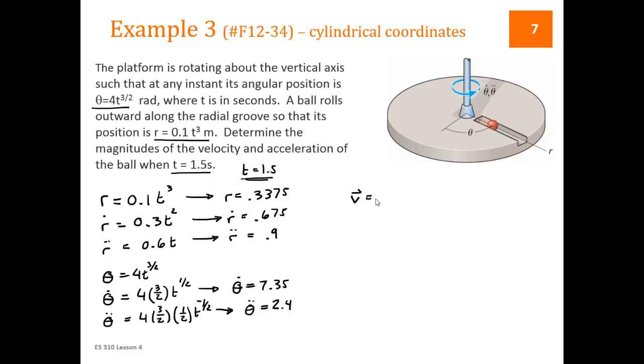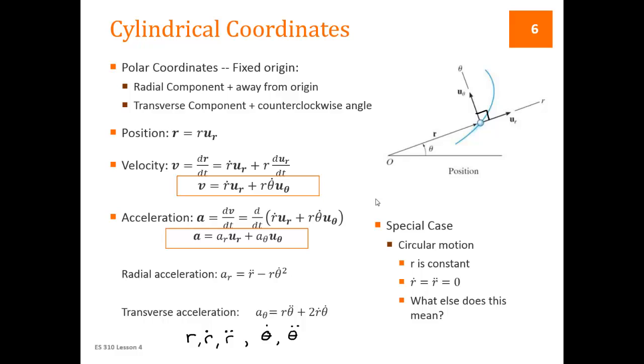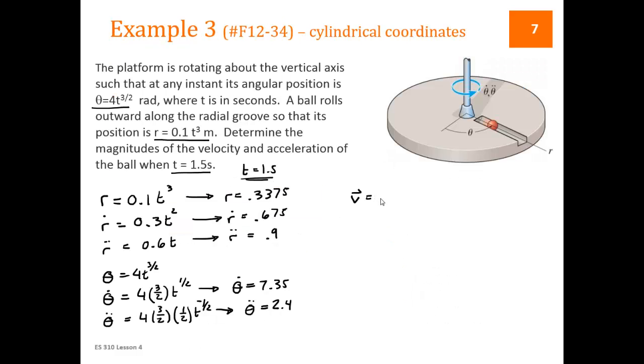All right, so velocity. Velocity is equal to r dot u r plus r theta dot u theta. Right? So we have all of these values.